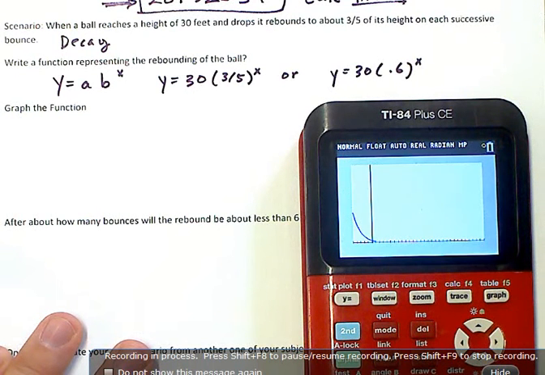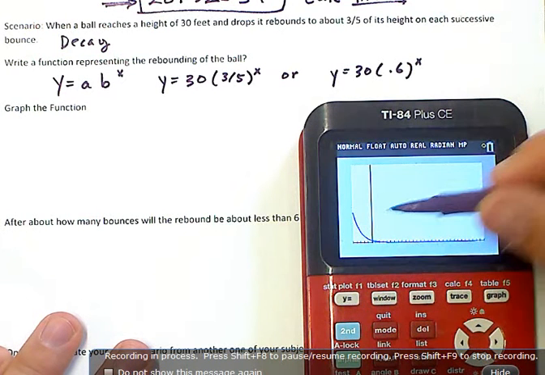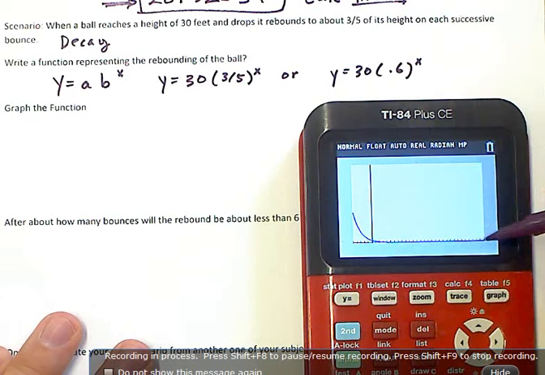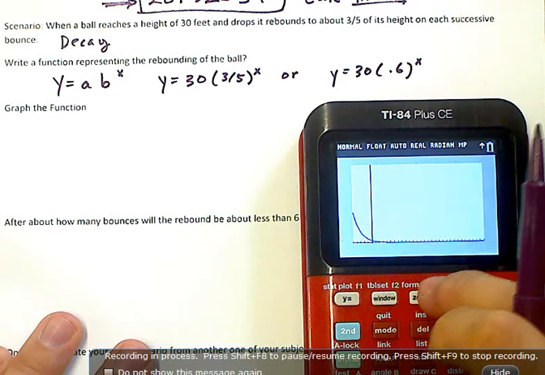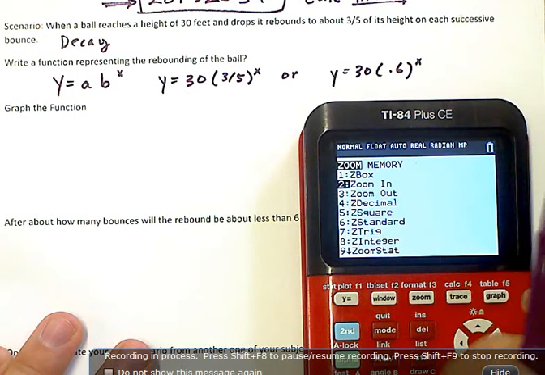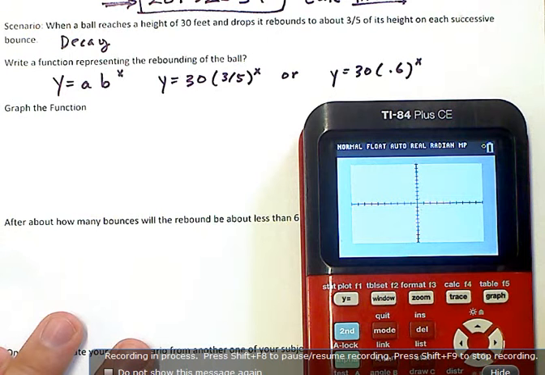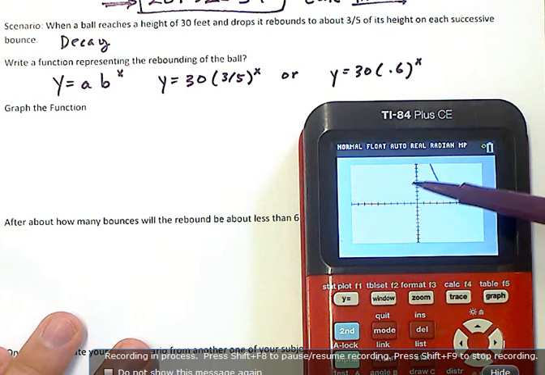You can see how my window's a little off here. It's still working. Okay, so what I like to do is go to zoom, and I go to 6, my zoom standard, which brings me back to my original graph there. And I see some pieces here.